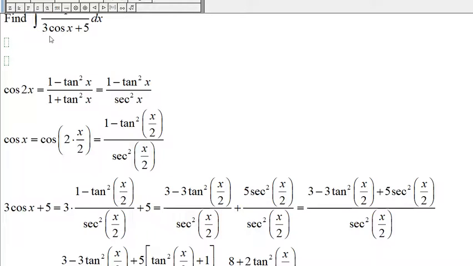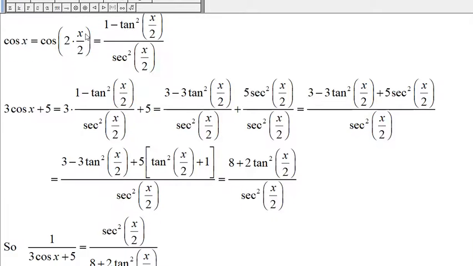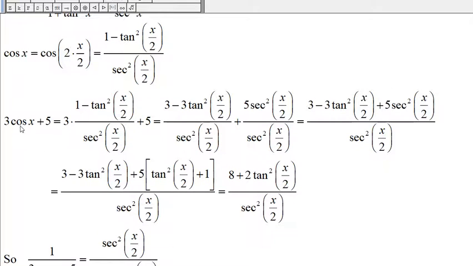Here we have the expression 3 cosine of x plus 5. So 3 times cosine of x plus 5 would be 3 times this expression, which is cosine of x, and then plus 5. This 5 here is the same as 5 secant squared divided by secant squared.